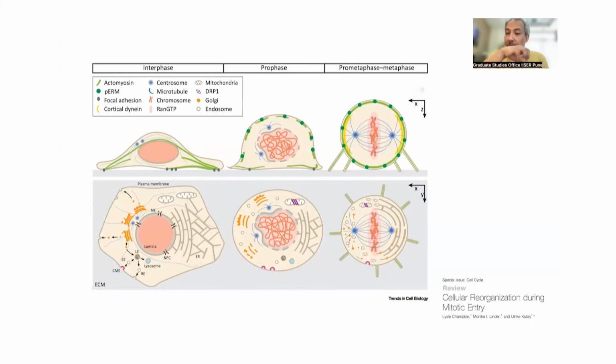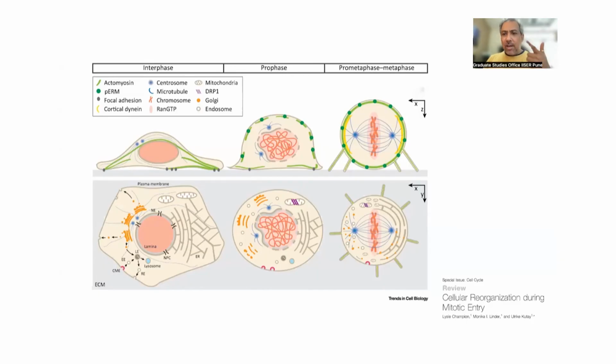And this rounding up of the cell means that there is a change in the way this cell is adherent to its matrix, right? So normally it would be nice and spread, and now it becomes a round structure where adhesion is dramatically reduced. And that could also in part contribute to the breaking up of the Golgi. So there could be many different mechanisms that are contributing to making this happen.